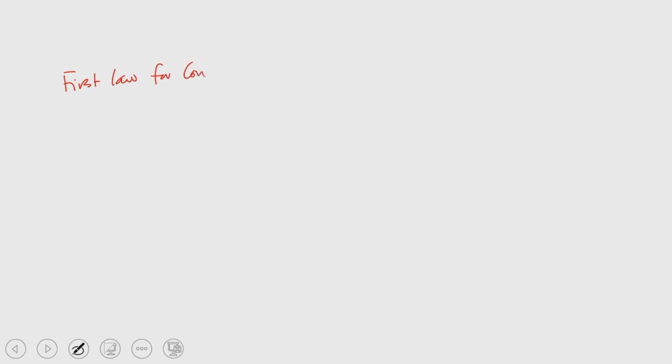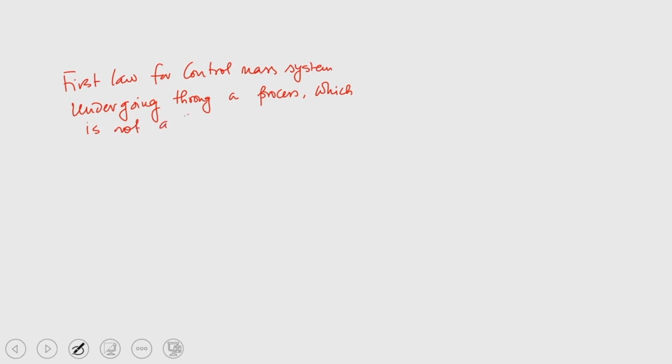Fine. Now, we are discussing the first law for a control mass system undergoing a process which is not a cyclic process.